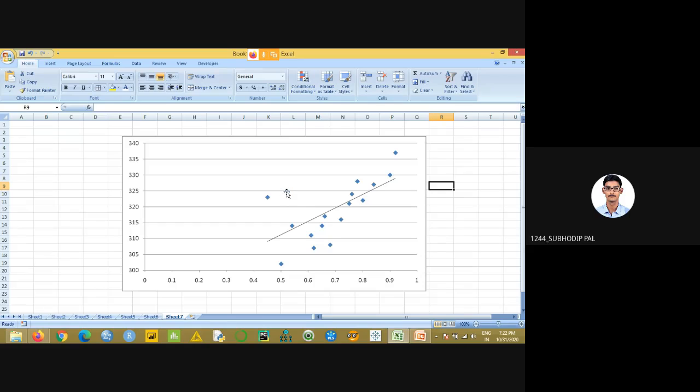If we take the distance from this line to this point, 325, some of the points are above the line and some are below the line. If the points are above the line or below the line, that is the error, right?